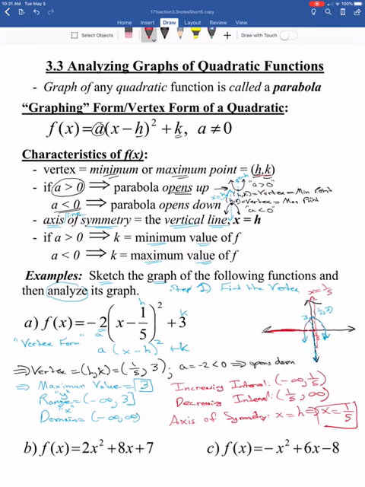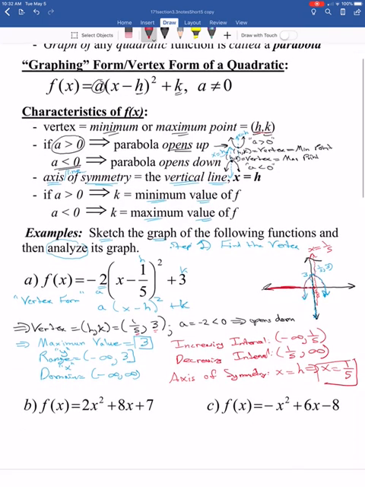So again, that's the characteristic, but everything comes back to the vertex, the coordinates of that min or max point. You'll notice we need to make sure that's correct as we're looking at our parabolas. If you want to check it graphically, you could, and we'll look at one a little bit graphically.